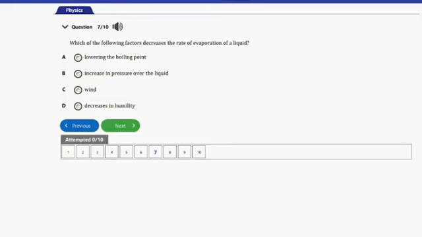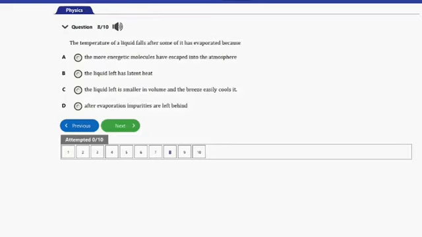So let's go ahead and consider the next question. That's question number 8. It says, the temperature of a liquid falls after some of it has evaporated because A. The more energetic molecules have escaped into the atmosphere. B. The liquid left has latent heat.